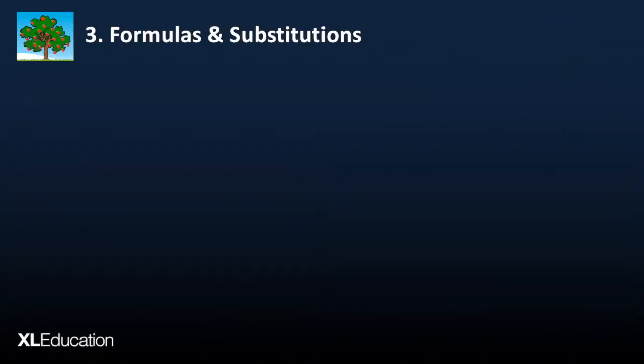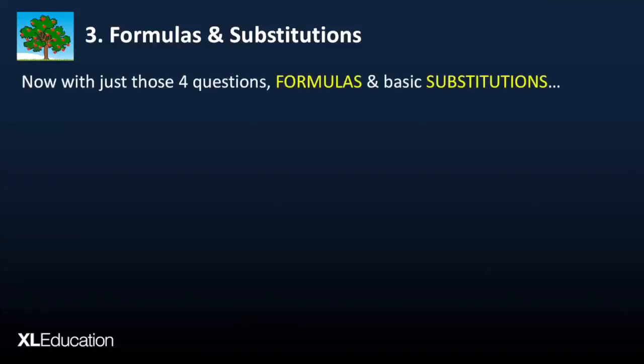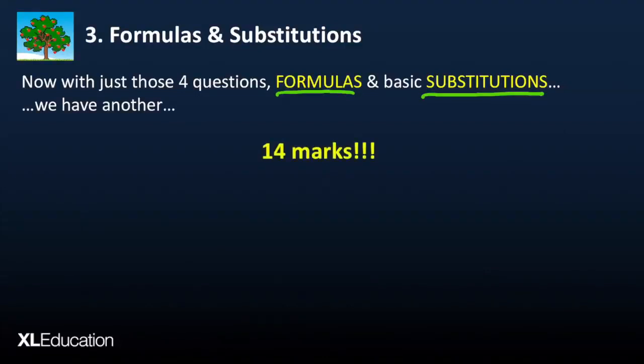Right, let's have a look. For only the 4 questions that we have done, only choosing the correct formula plus the basic substitutions, we have scored about 14 marks only on 4 questions.